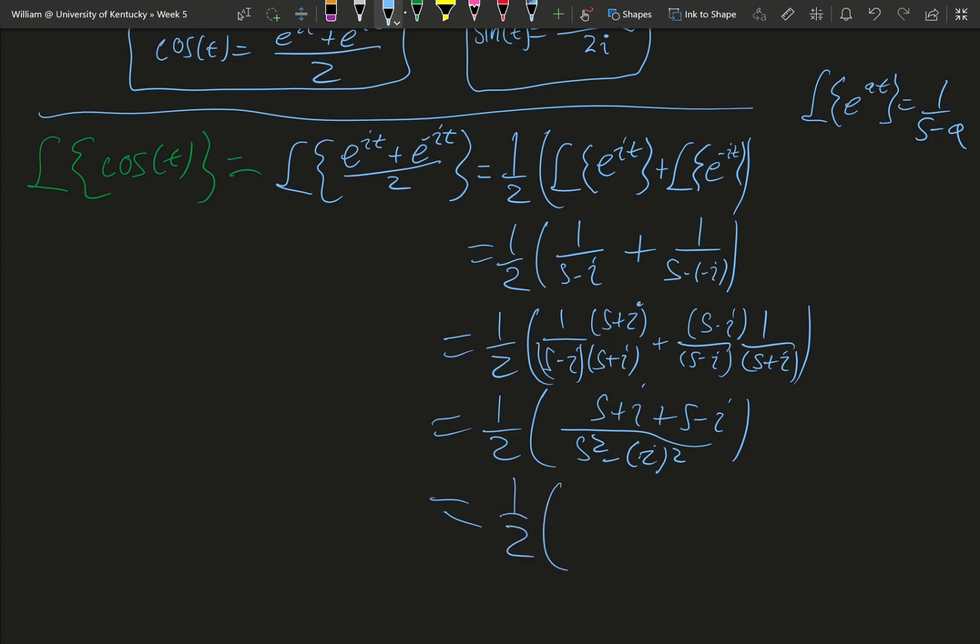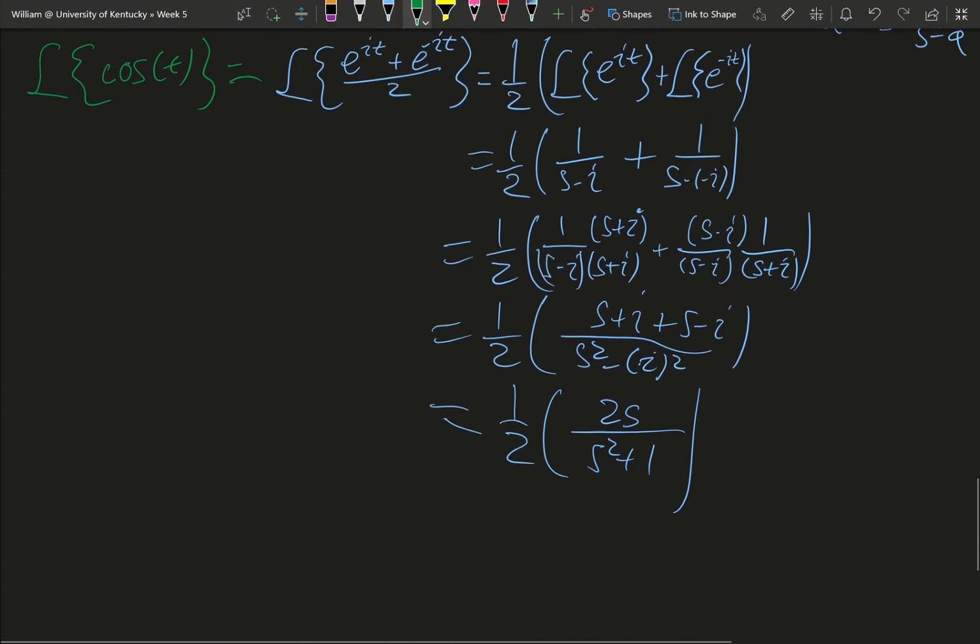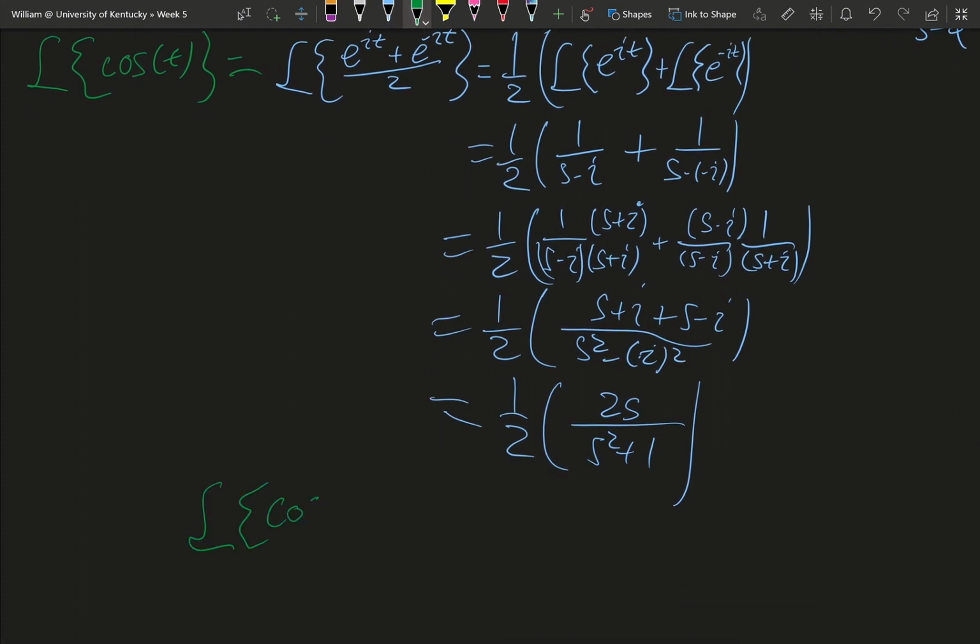So s squared minus negative 1 is just s squared plus 1. And on the top, we have 2s because the i's cancel. So what this means is that the Laplace transform of cosine of t is just s over s squared plus 1.